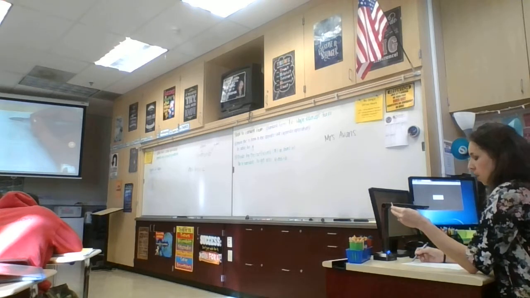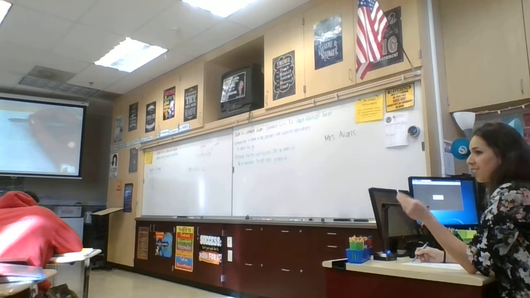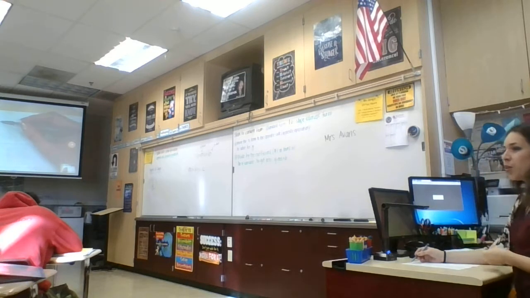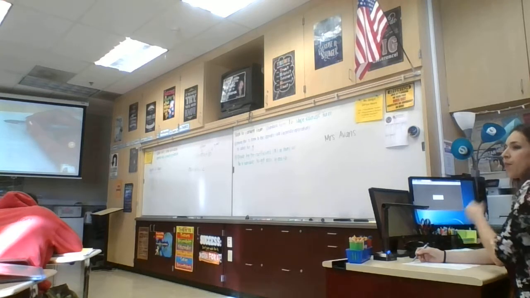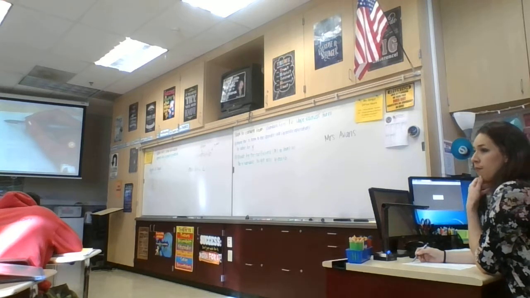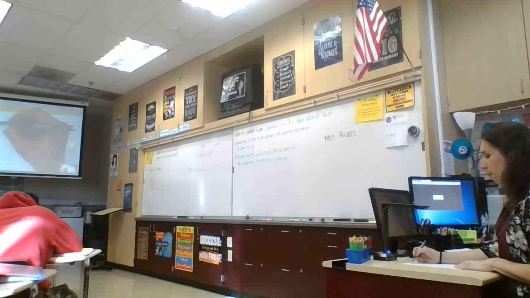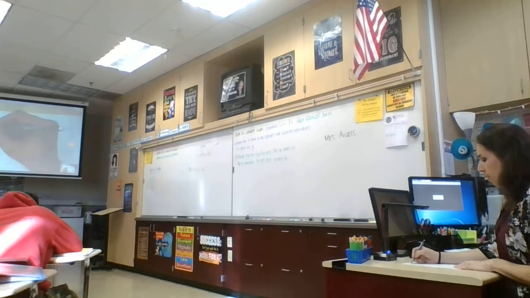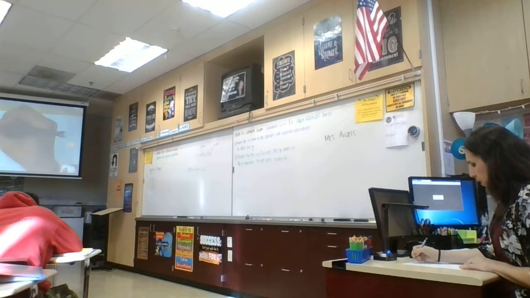No. What do I need to do in order to get this into slope-intercept form? Good. X is being added to the y, and in order to get y by itself, to isolate this y, I'm going to subtract both sides by x.